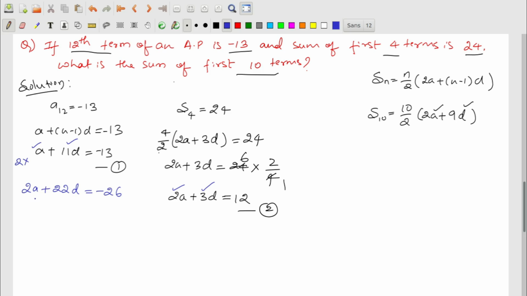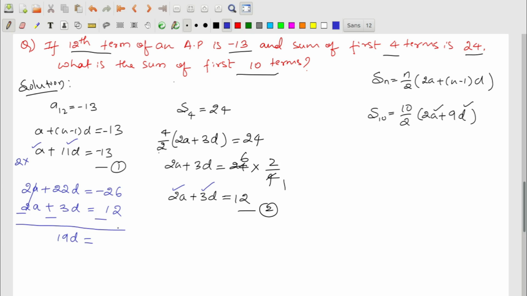So now here the coefficient of a is same. Now take the second equation 2a plus 3d is equal to 12. Right? So now change the sign, minus, minus and then minus here. So these two will cancel and then 22 minus 3, that will give 19d which is equal to minus 26 minus 12.